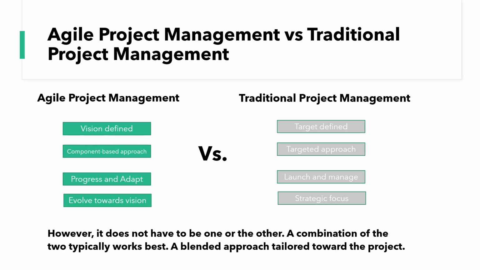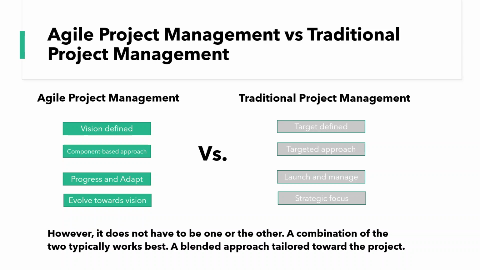With Agile Project Management, it's a component-based approach against a very targeted approach. With Agile Project Management, where there is progress, there is also adaptation, whereas with traditional project management, it's all about not only the project launch, but management along the way.